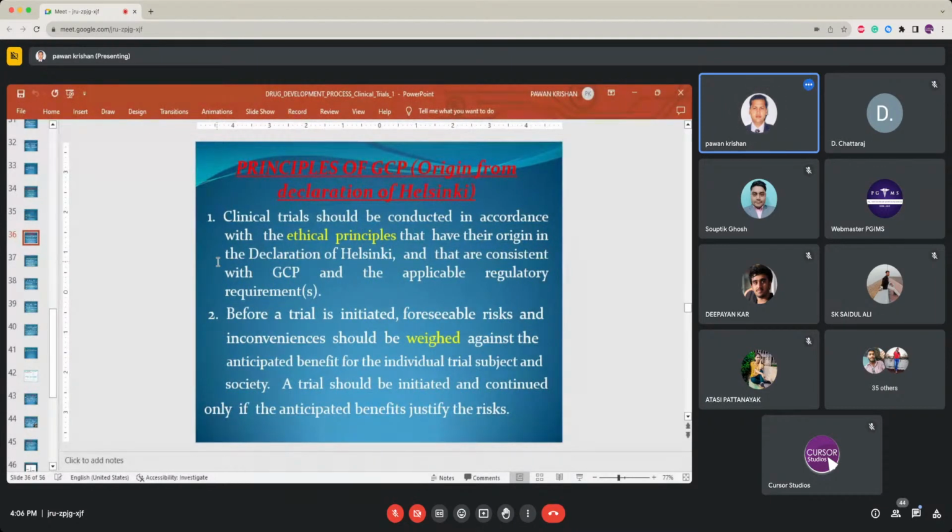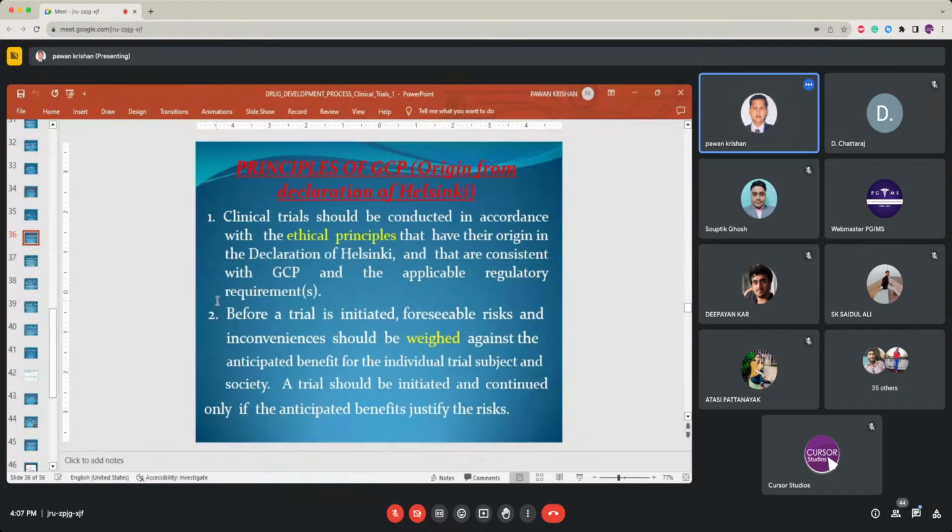Helsinki is a city in the country Finland in Europe. So in 1964, the guidelines were laid down. When we talk of the history of clinical trials, they laid down some guidelines termed the Declaration of Helsinki, in which the rights, safety and well-being of the trial subjects were protected. That you should protect the safety of the trial subject.